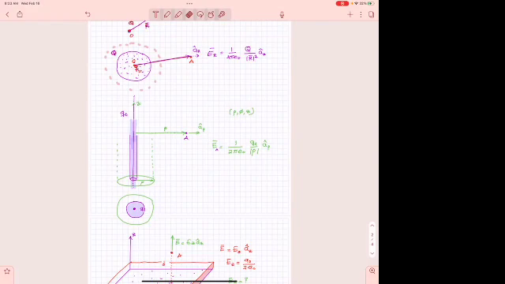So the charge is distributed on the conducting sphere, okay? And the charge is Q. The sphere has a radius R sub S.